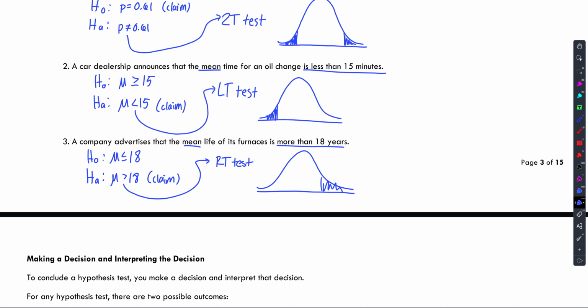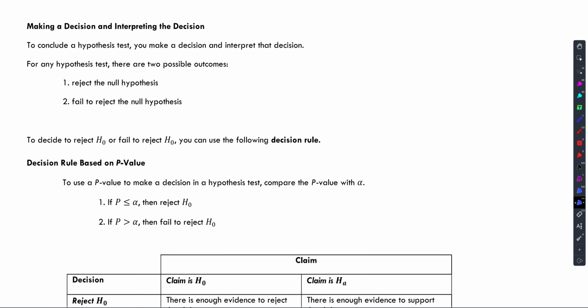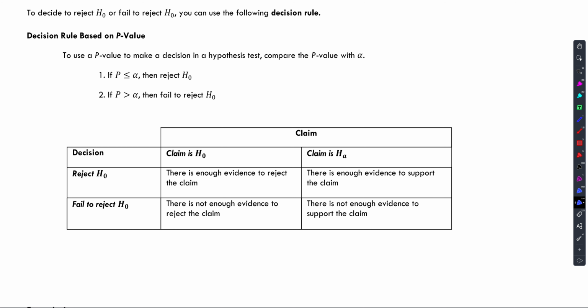Well, you're about to see it actually is going to make a big difference, because when we make our decision and interpret our decision, it depends on what the claim is. That's probably going to be points off when you write your interpretation as well. At the very end of your hypothesis test, you're going to have to write a complete sentence, which is an interpretation of your decision.